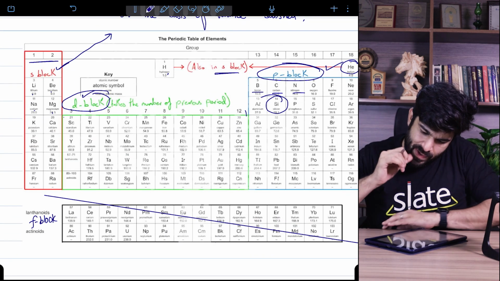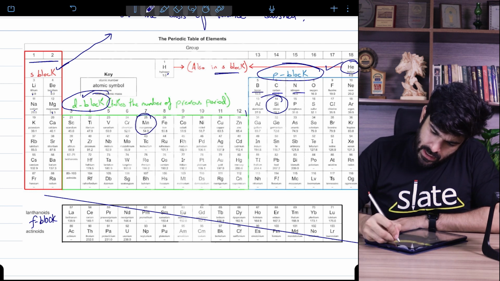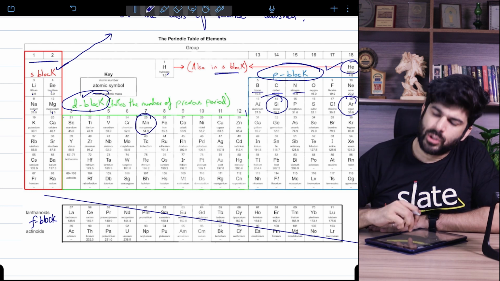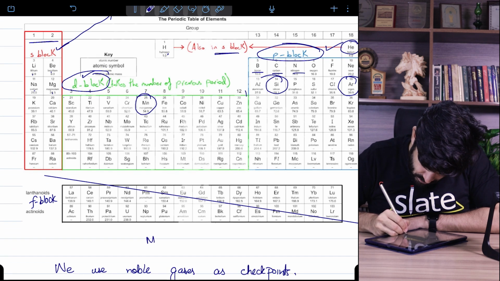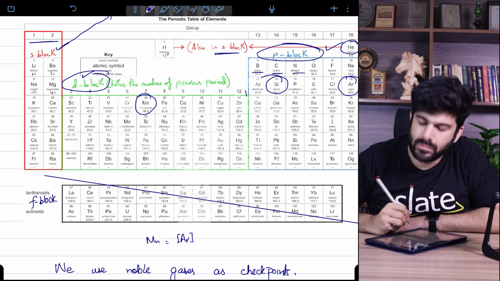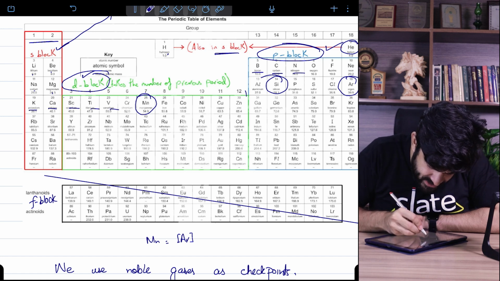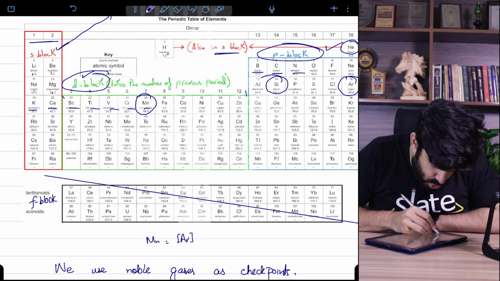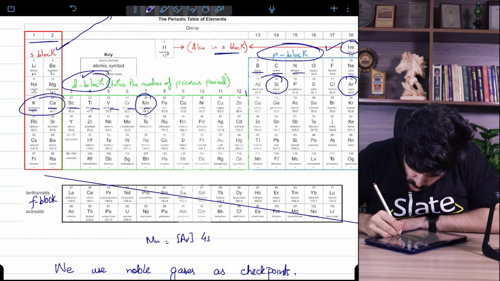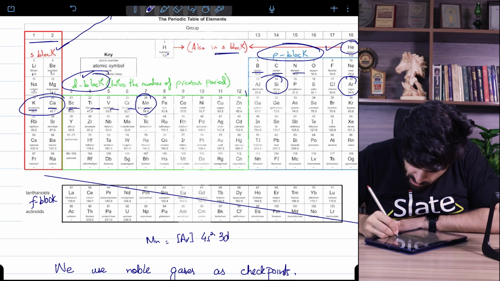देखो इसको कैसे करेंगे? If I have manganese, हमने देखा manganese से पिछली noble gas is argon. How many electrons are left? 1, 2, 3, 4, 5, 6, 7. दो तो S में आ गए. 4s2. 1, 2, 3, 4, 5. 5 are left.